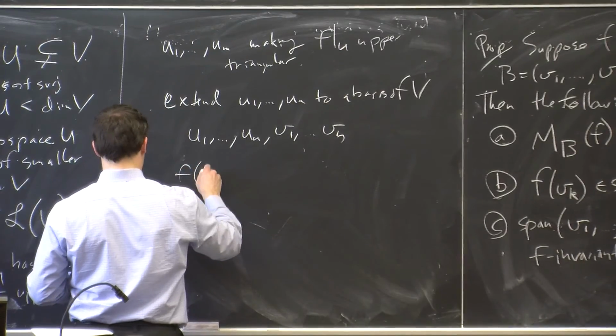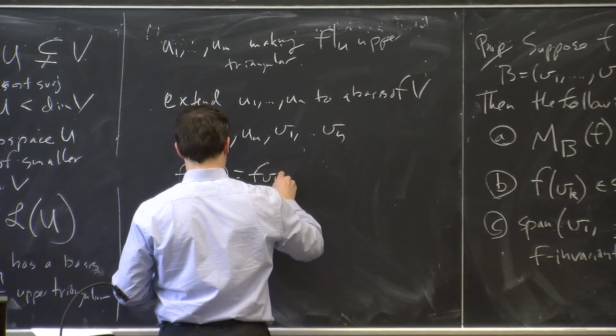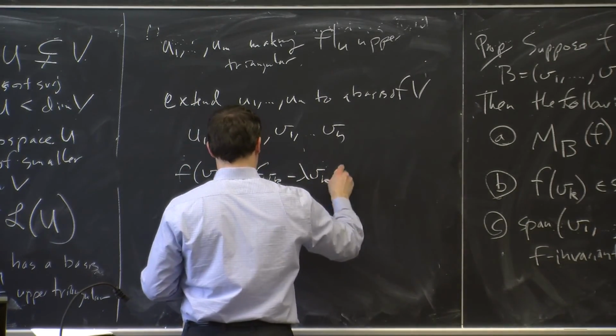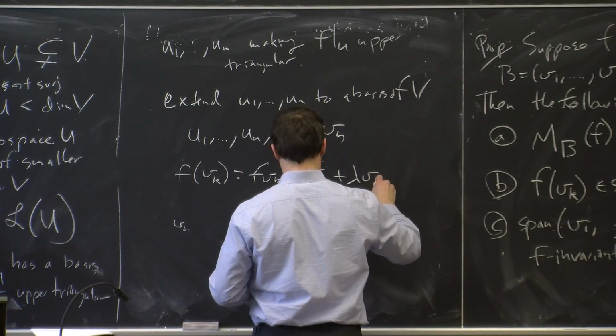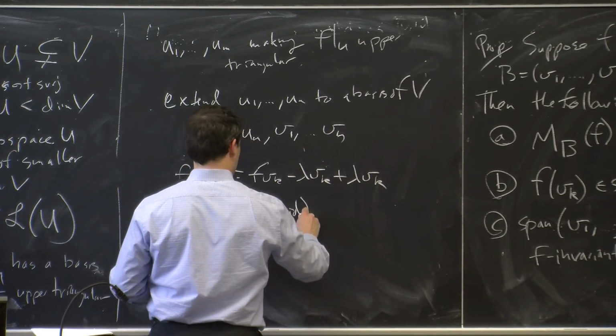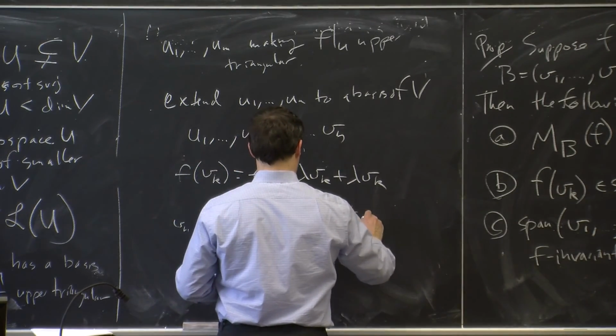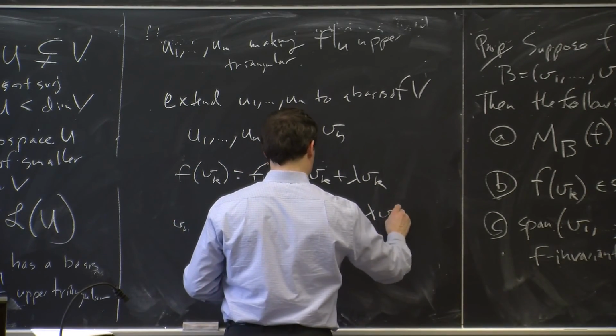And then F of Vk is F of Vk minus lambda Vk plus lambda Vk, stupidly, which equals (F minus lambda times the identity) of Vk plus lambda Vk.